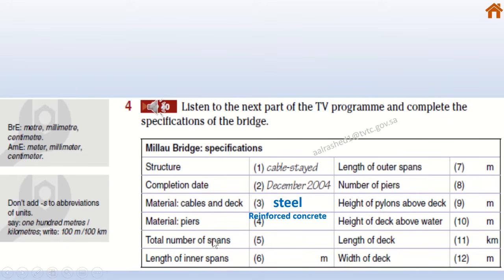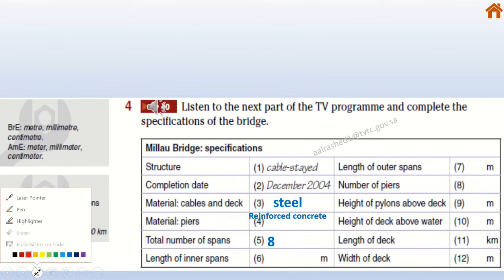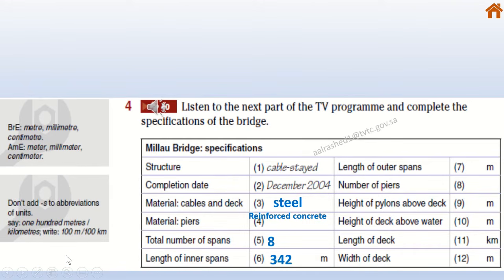Total number of spans. I need to hear a number of the spans. So we have 8. The length, the distance from this point to this point. Length 342. The length of outer spans 204. Number of piers 7.